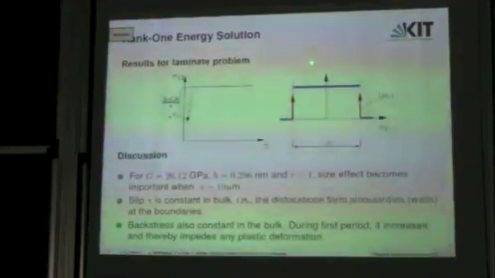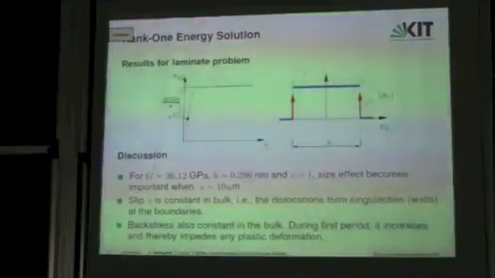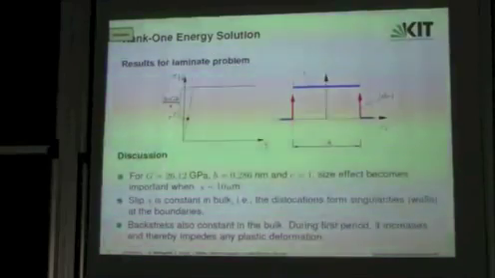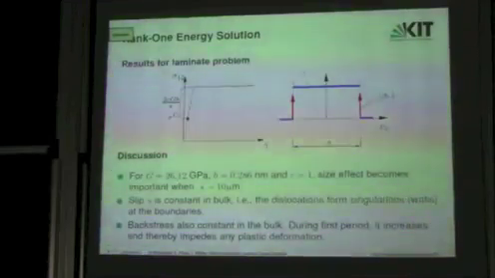And in addition, as I said, the slip is constant in the bulk, therefore the GND pile-ups are not really pile-ups, but they form walls. So you get singularities at the interface between the soft phase and the hard phase. Okay, so this was the rank 1 energy.